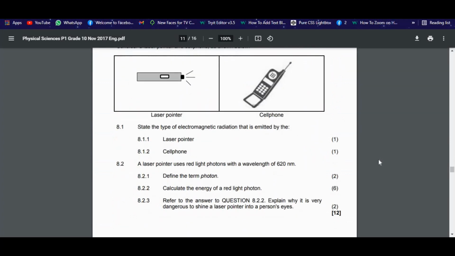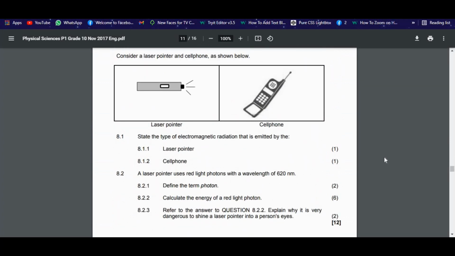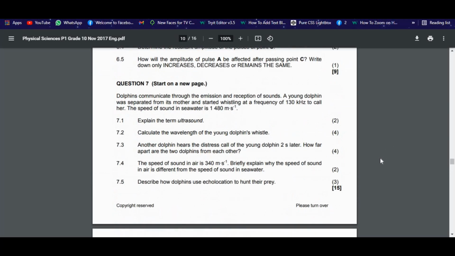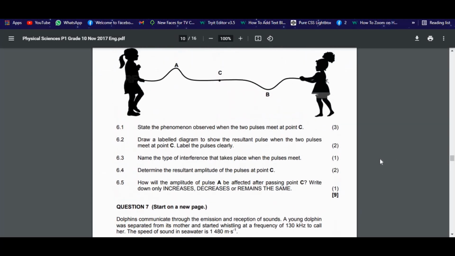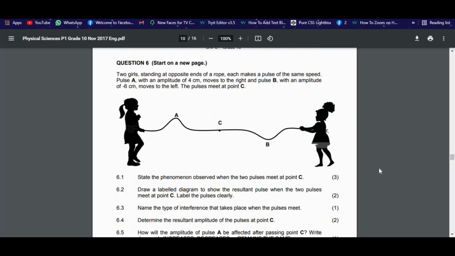The next section is called electromagnetic radiation, but we haven't got there yet, as a lot of students are finishing up with exams, so we'll get to electromagnetic radiation before term 4 begins in October. So we'll have a look at these 2 questions, maybe pull up another 2 questions from another paper, and then we'll wrap up waves and sound.